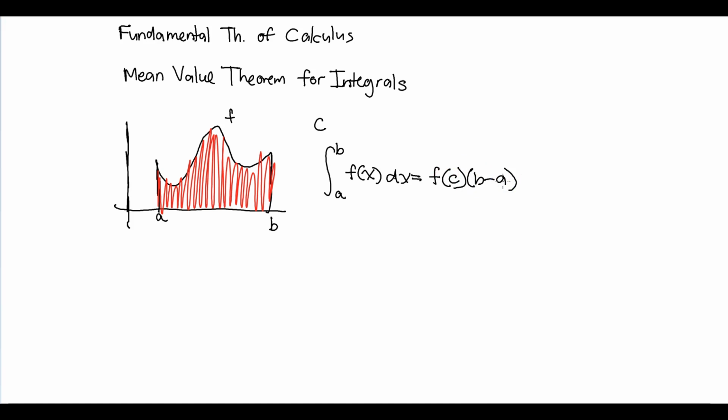And what that basically means is that if you're given a region that I colored in red, there's an x value c inside this interval such that the area of this blue rectangle is f of c units tall and b minus a units wide.